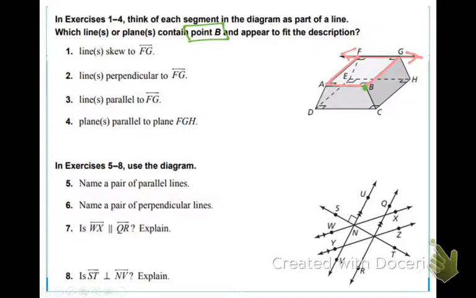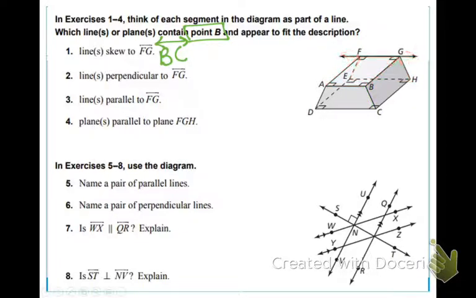It's also a part of the back of the box, so we can't name any of these. So what skew line can we name that includes B? BC. So we can't say AB because, well, AB we could, but it doesn't include point B.